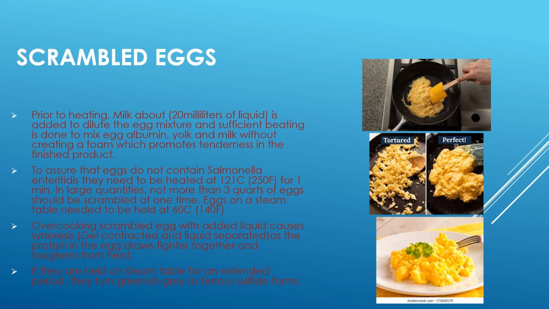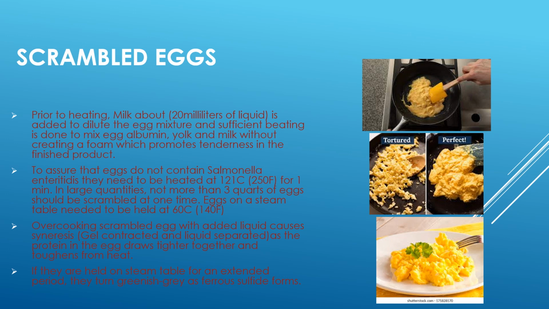Because we usually add an additional amount of liquid to it, either milk or water, syneresis occurs. Syneresis is the process in which the gel contracts and the liquid gets separated from the protein, because the protein in the egg draws tighter together and toughens with the heat.